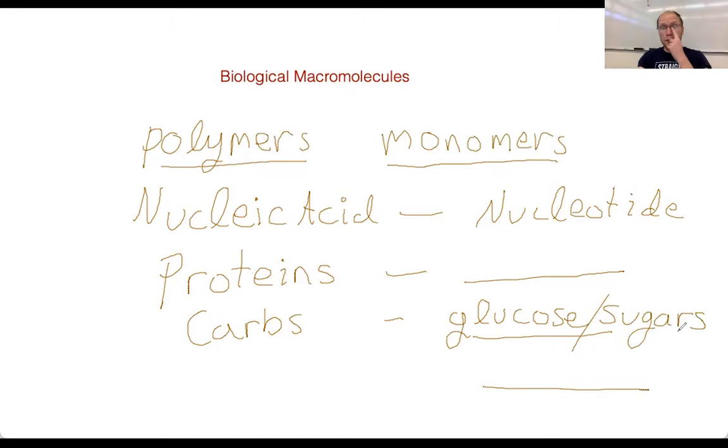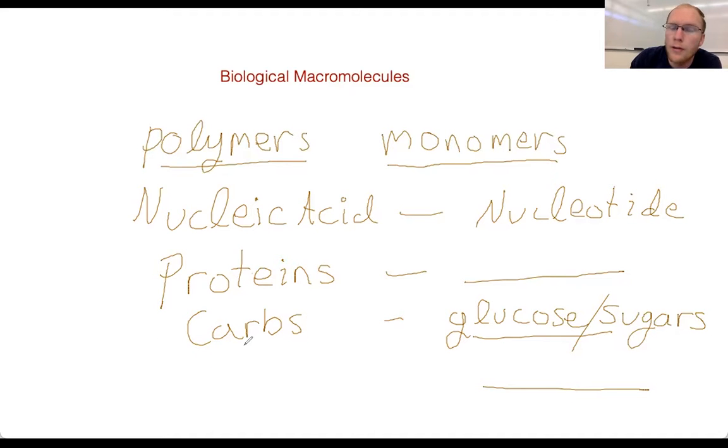So your body uses the glucose and sugars that you consume to make carbohydrates. Now, other living things such as plants will use other monomers, but they're all called saccharides. So yeah, again, the general term that you should probably write in your notes is saccharides.